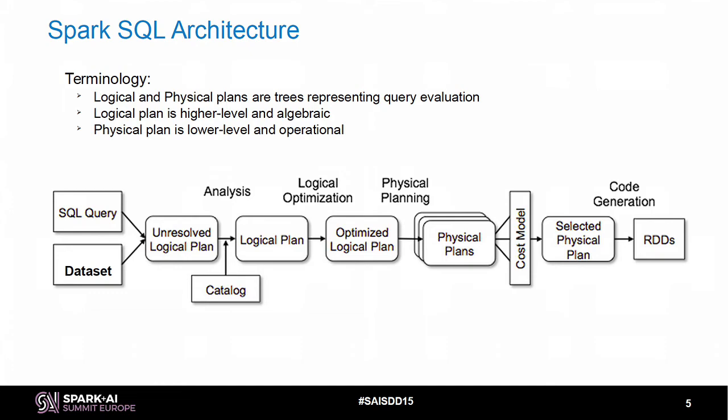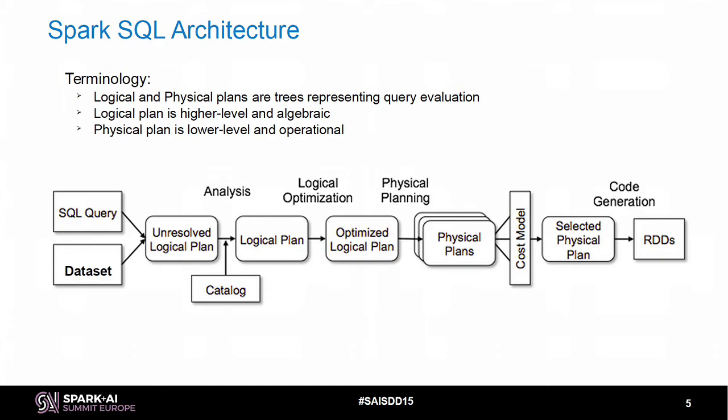On top of this, standard SQL query optimizations like predicate pushdown and constant folding are applied to get an optimized logical plan. Then this goes into the physical planning phase where multiple physical plans are generated. Basically here the nodes of the logical plan are mapped to the RDD primitives.